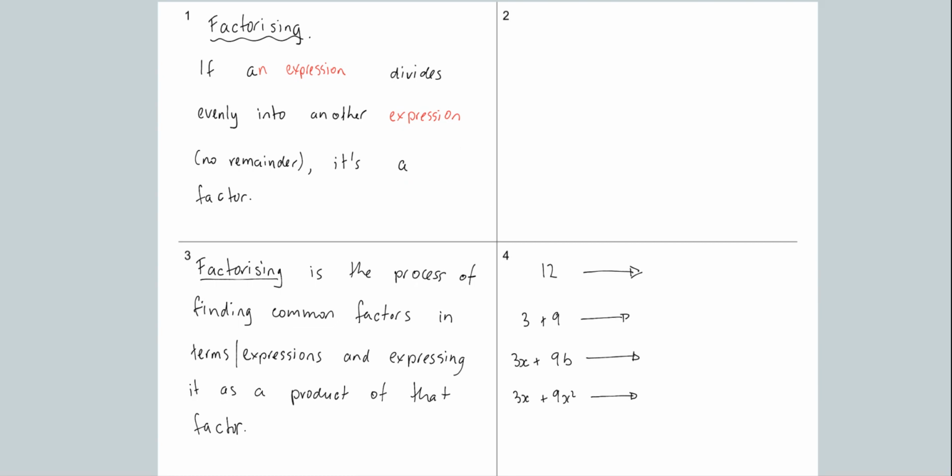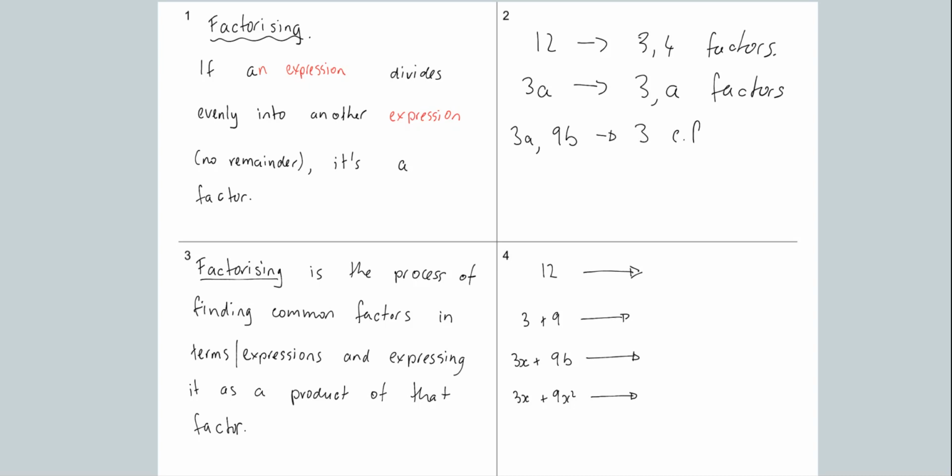If we have a look at, say, for example, the number 12, then we can say that 3 and 4 are factors. If we have a look at an algebraic term like 3a, then we can say 3 and a are factors of 3a. If I look at 3a and 9b, then we can say that 3 is a common factor.